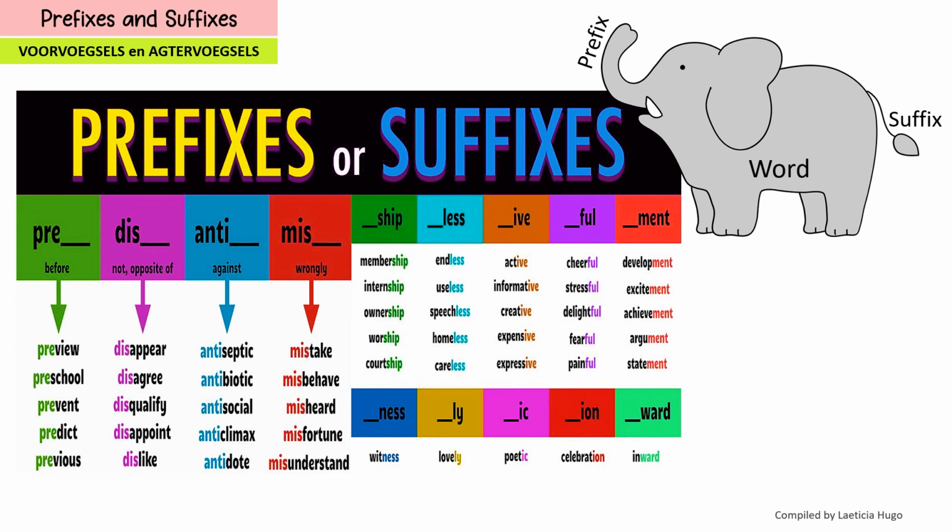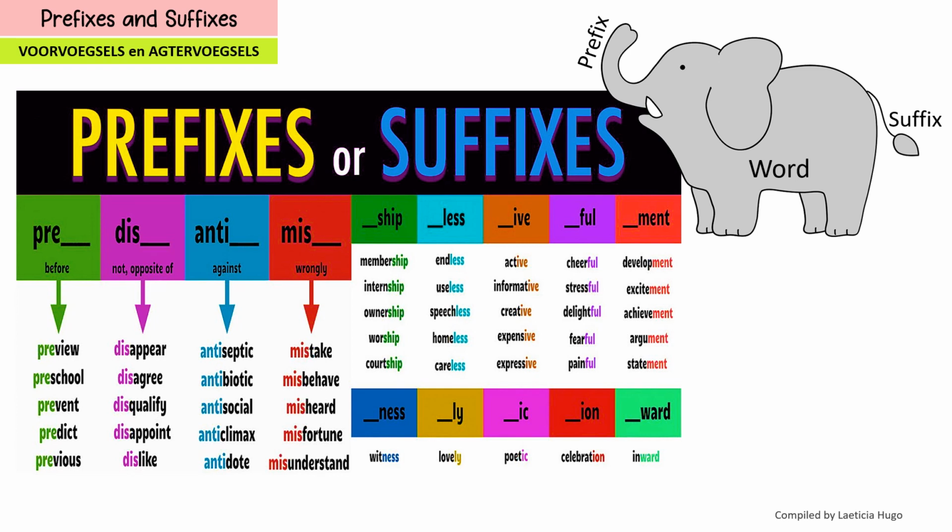So ship is membership, internship, ownership, etc. Less is endless, useless, speechless, homeless, careless. Then ive, active, informative, creative, expensive, expressive.